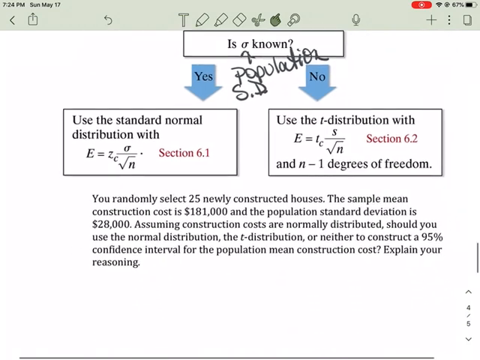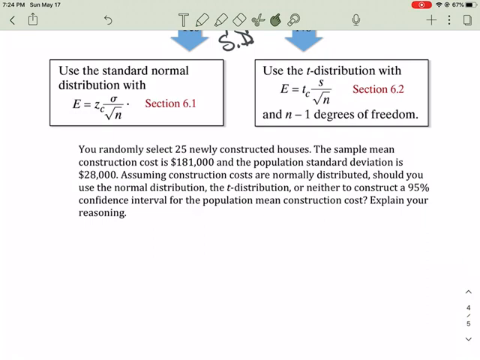Okay, so, question. You randomly select 25 newly constructed houses. The sample mean construction cost is $181,000. The population standard deviation is $28,000. Assuming construction costs are normally distributed, should you use the normal, the T, or neither to construct your 95% confidence interval for the mean? Explain why.